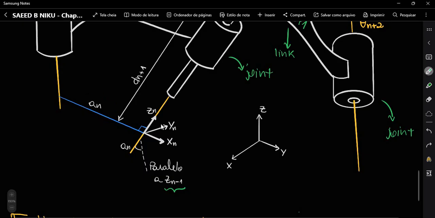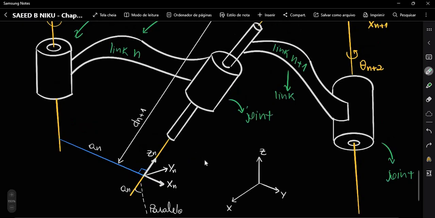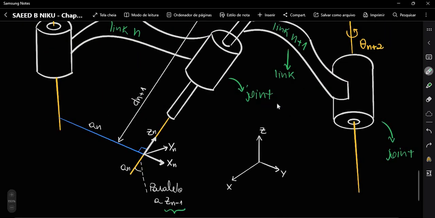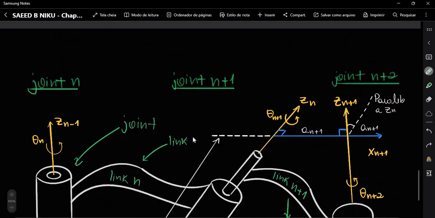The z-axis we are attributing, making it point parallel to the direction of rotation. So as you can see, for this first joint n, we are attributing the Zn minus 1 on the same direction as the direction of its rotation, which is theta n.